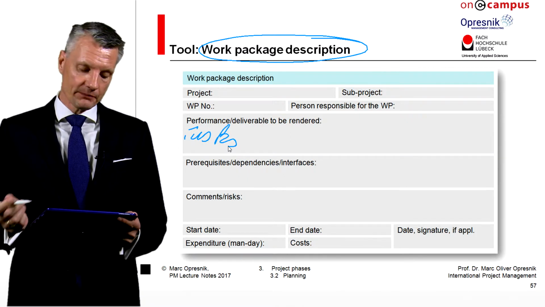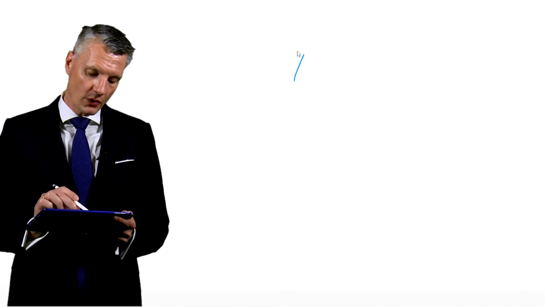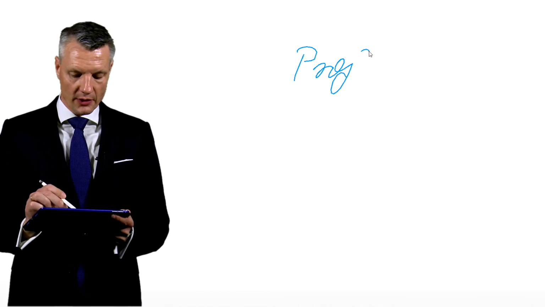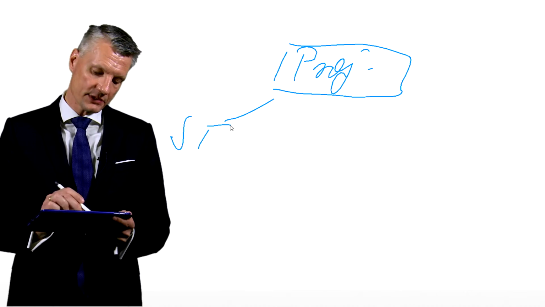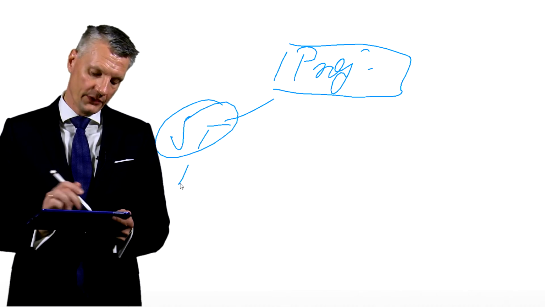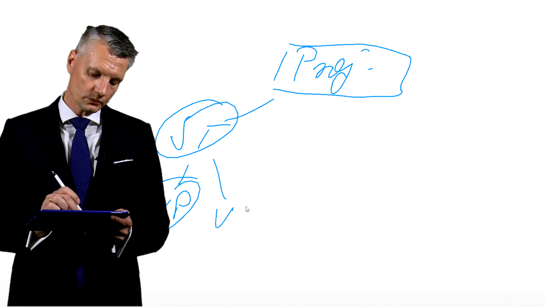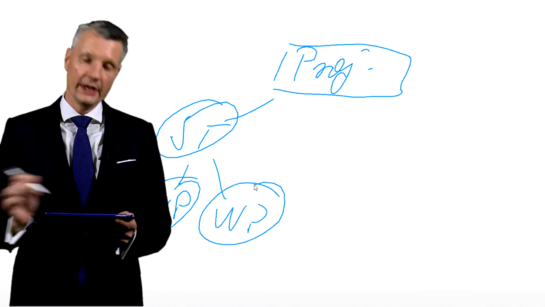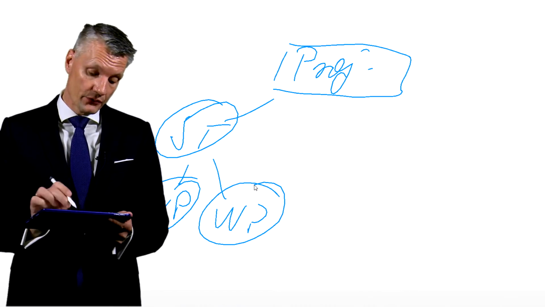It makes sense if you have a project, I'm quickly plotting one, if the project is at the top here, and this is divided into subtasks, and then into different kinds of work packages here, it makes sense to have a number for each of them.